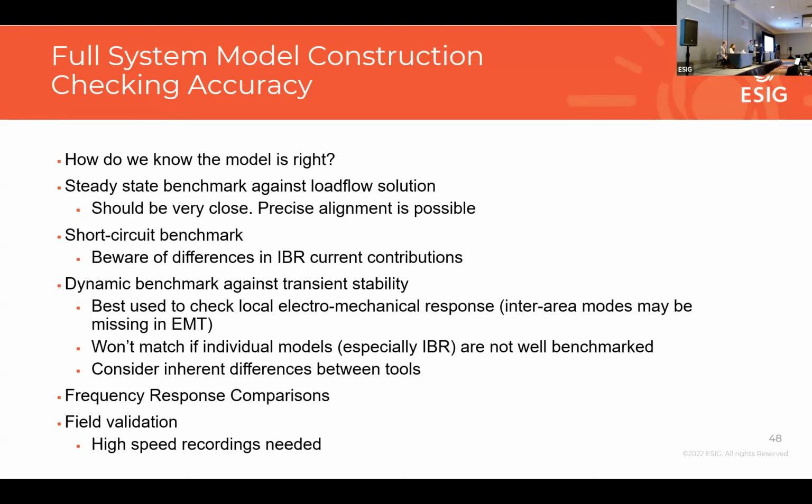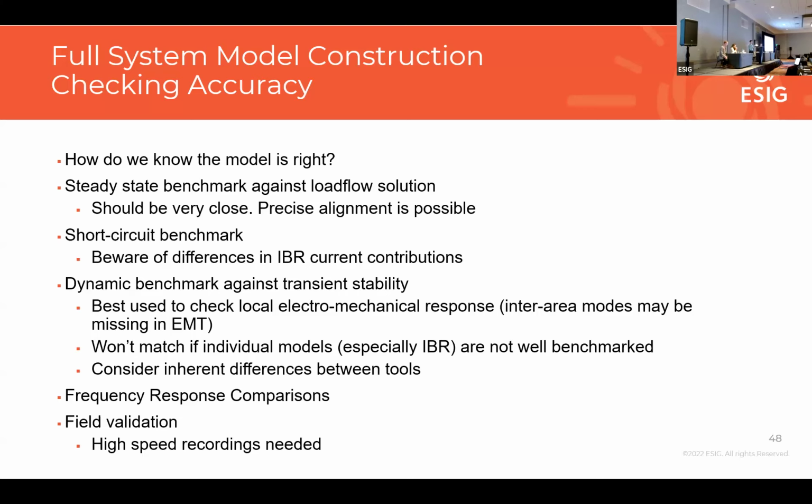You can benchmark against transient stability where applicable. Remember, there are going to be inherent differences between the tools, sometimes inherent differences between the models. The best use case, in my opinion, is to benchmark the local electromechanical modes against each other. Hopefully, those are going to line up pretty well between EMT and your dynamic phasor model.